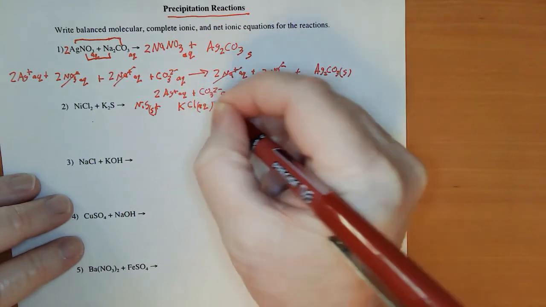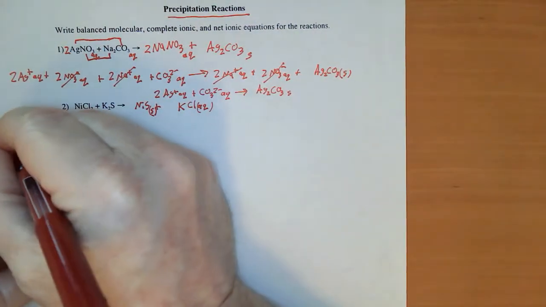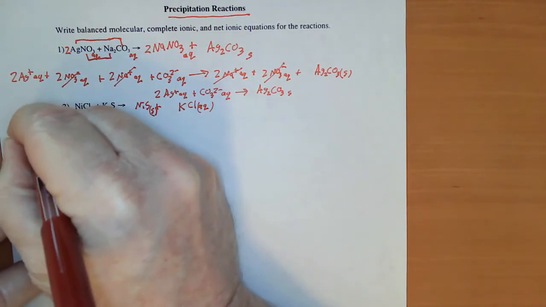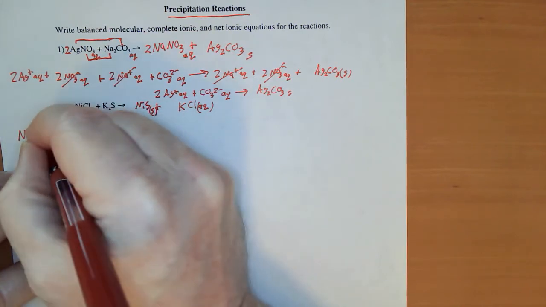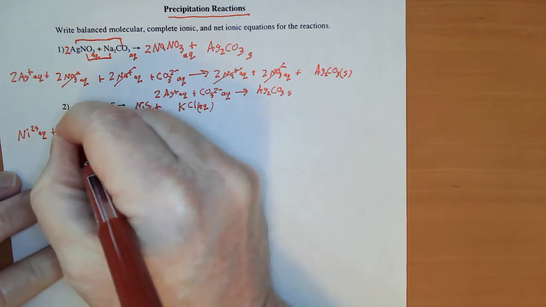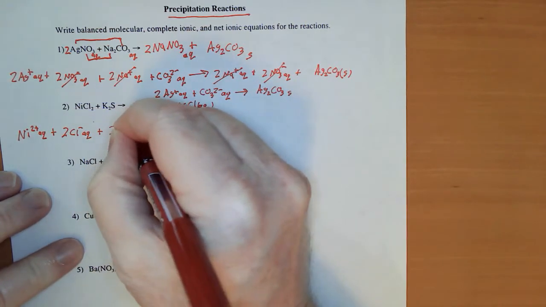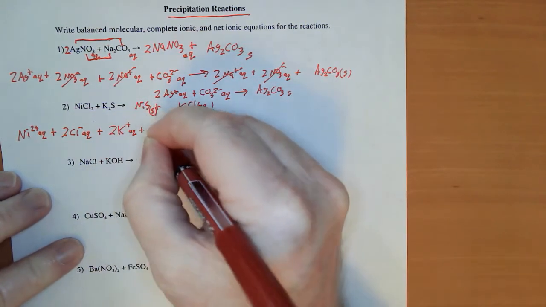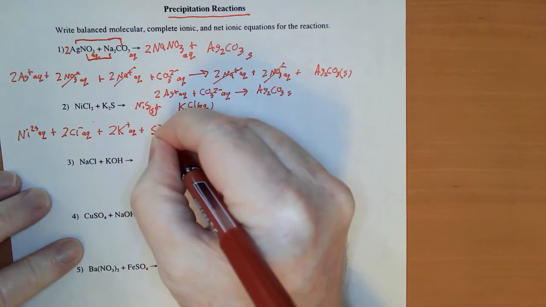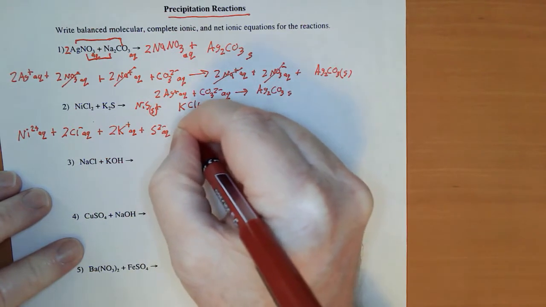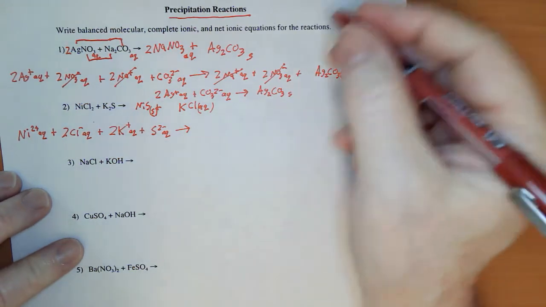All right. So what does that leave me with here? I've got an Ni2 plus aqueous, and I've got 2Cl minus aqueous, and I've got 2K plus aqueous, and I've got an S2 minus aqueous. I can take them apart when they're aqueous.